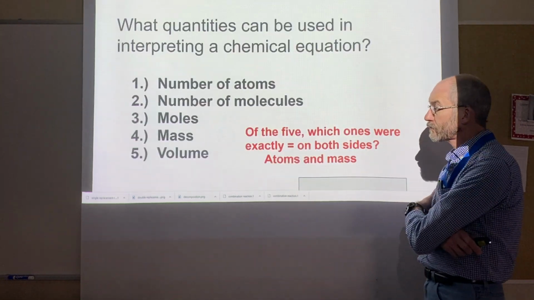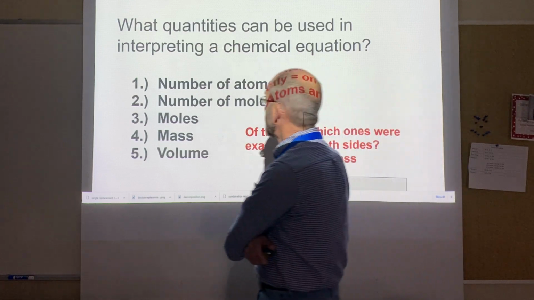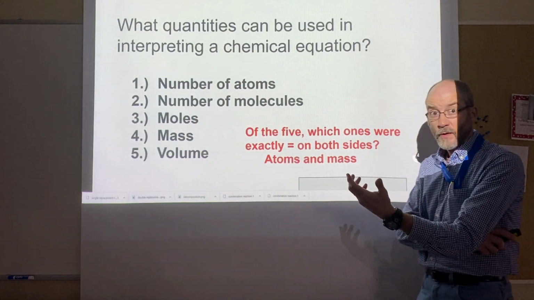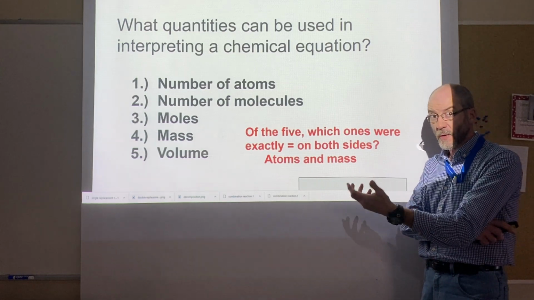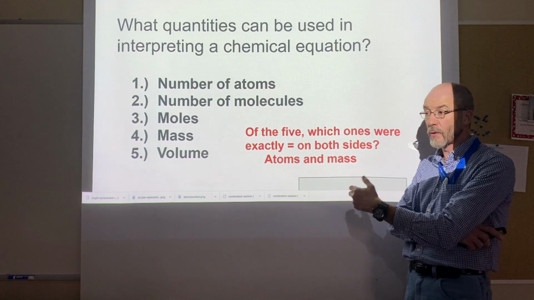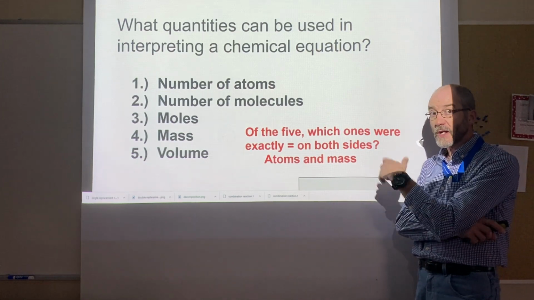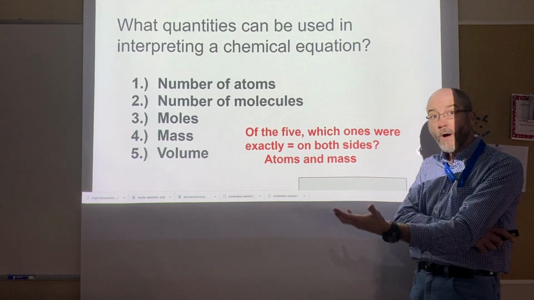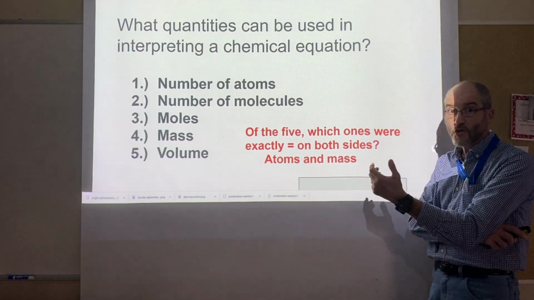Now, you recall what we are discussing in this lecture? We're beginning to discuss stoichiometry. We're beginning to discuss the arithmetic of balanced chemical equations. We're beginning to understand quantities that can be derived from a chemical equation.